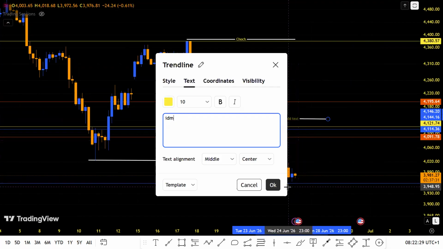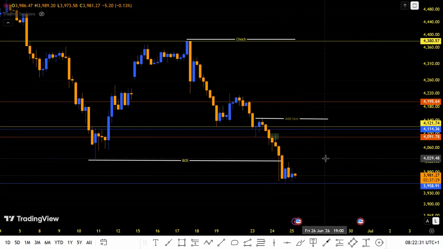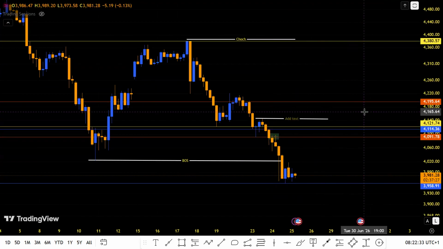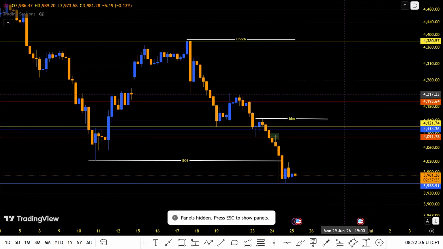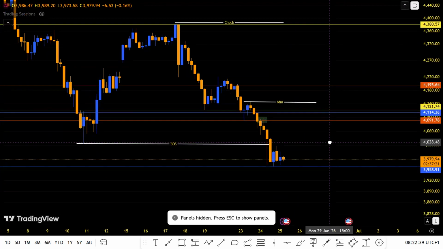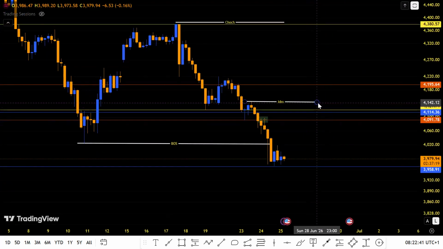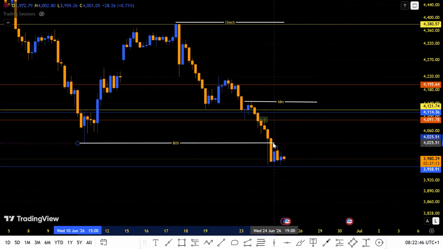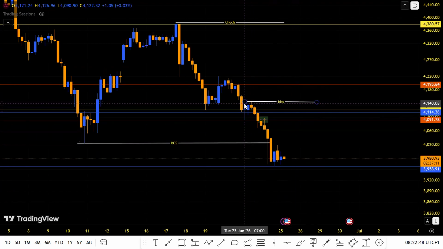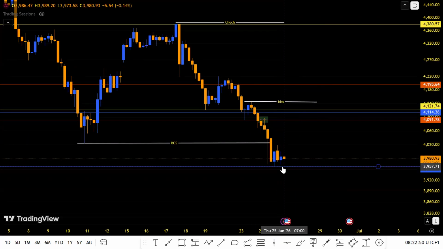That's inducement. This is the last pullback which led to this break of structure. This is where we have the pullback that led to this break of structure.